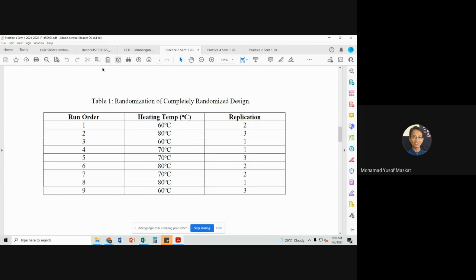This is the signature of a completely randomized design, where you can see the treatment and also the replication is totally randomized. That's why it is named a completely randomized design.